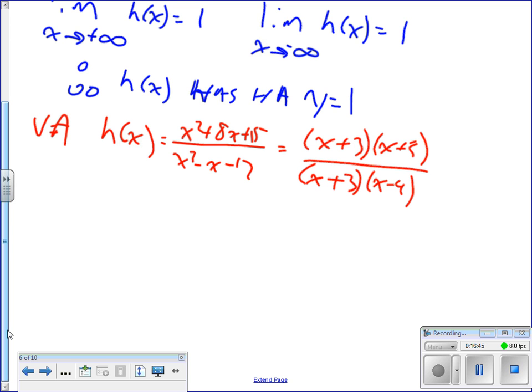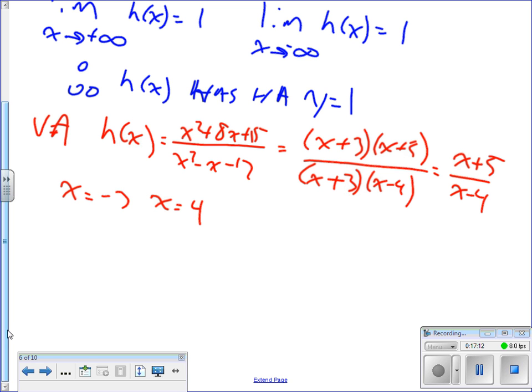So where are my possible vertical asymptotes? They happen at x equals -3 and at x equals 4. I have to consider any place where it's undefined. For purposes of actually evaluating those asymptotes, I can use a simplified version which reduces down to x plus 5 over x minus 4.